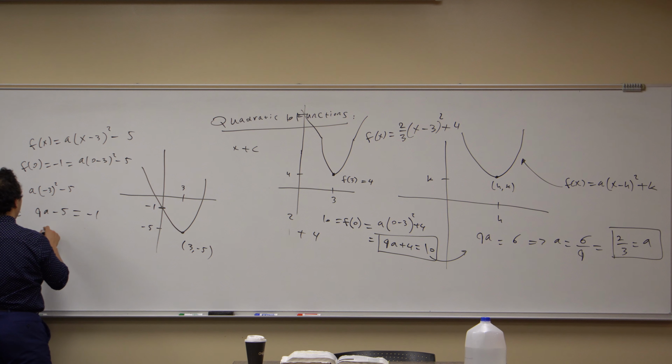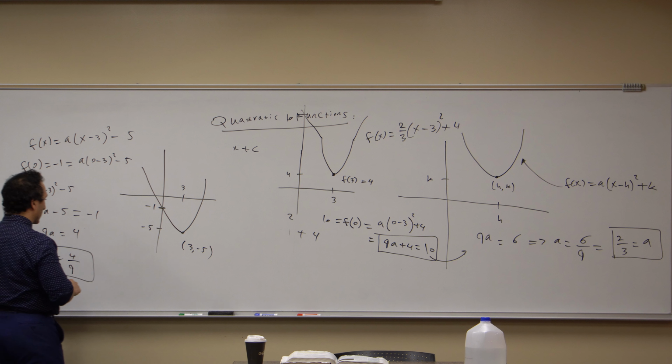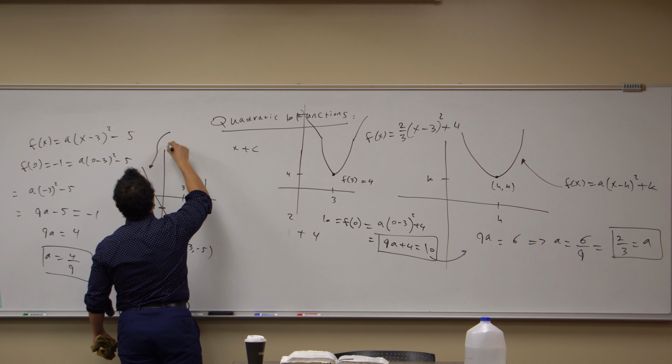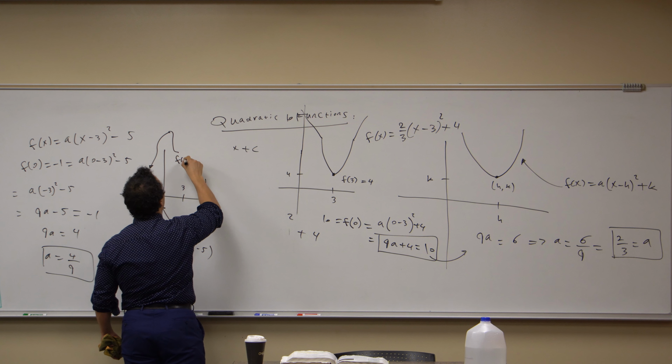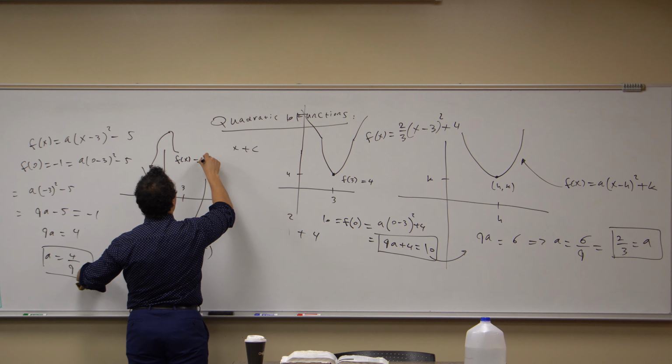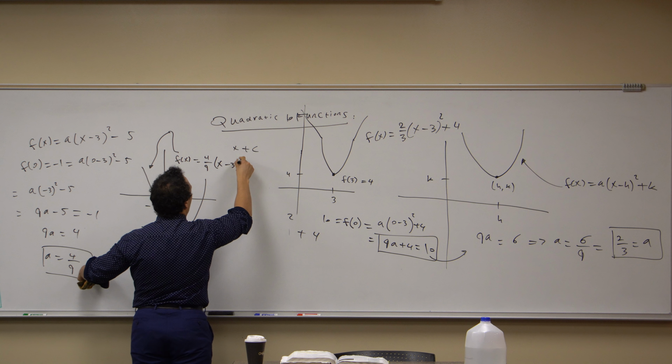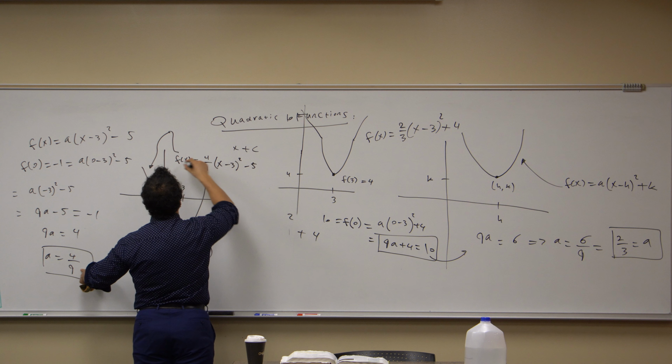I add 5 to both sides, I get 9a is equal to 4. Then a is equal to 4 over 9. So, this parabola, its function is f of x is equal to my a, 4 over 9, times x minus 3 quantity squared minus 5.